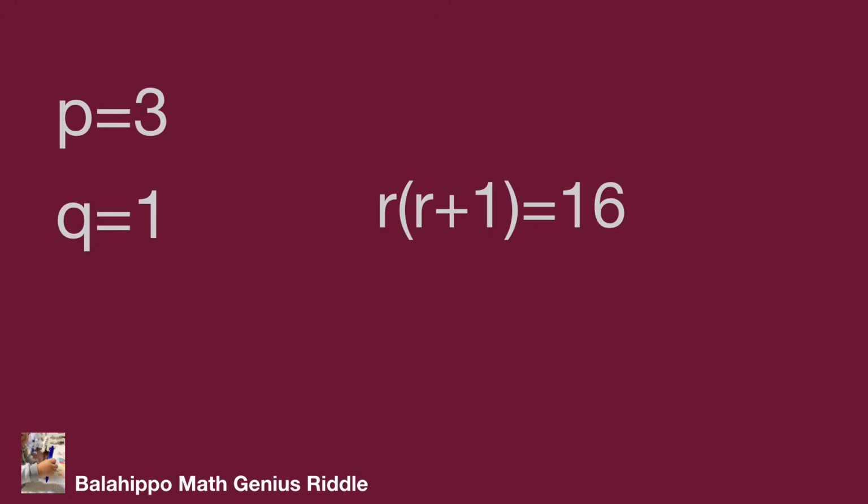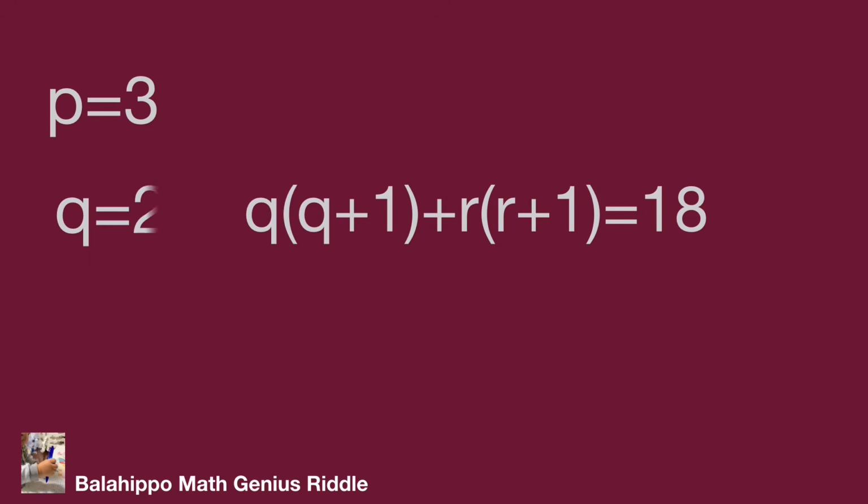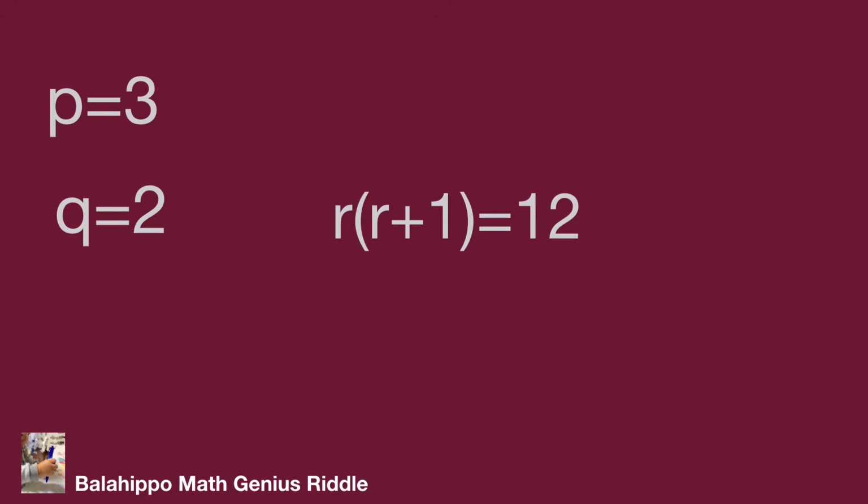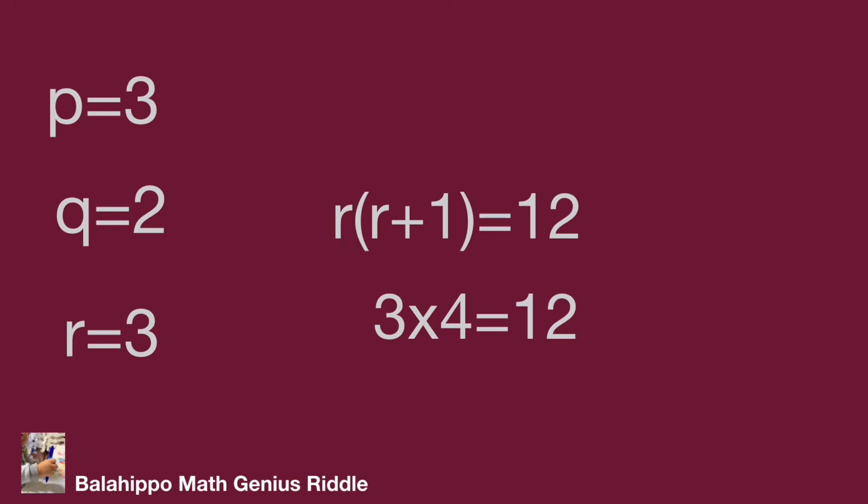No solution for r. While p equals 3 and q equals 2, get 2 times 3 plus r times r plus 1 equals 18. R times quantity r plus 1 equals 12. 3 times 4 equals 12. That is r equals 3. Q and r are the same conditions, so q equals 3, r equals 2 is the right condition.